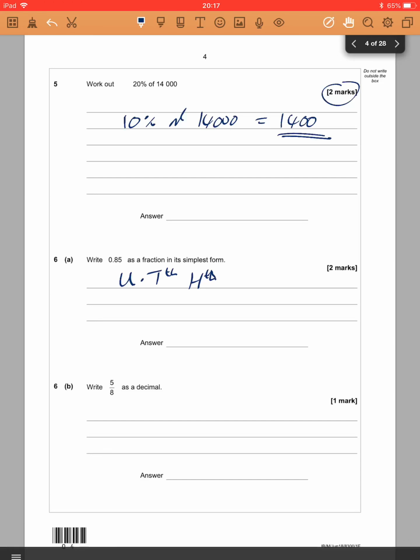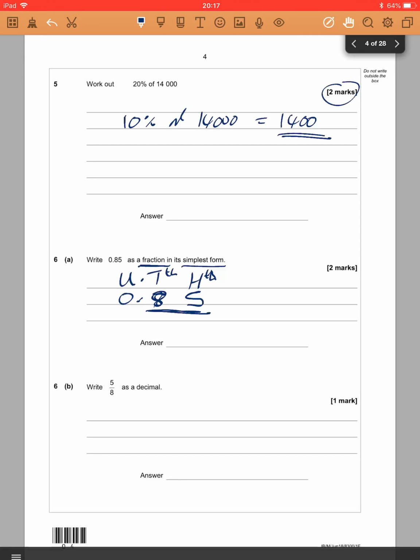So our number here, 0.85. We've got 5 hundredths. And if we look here, we've got 85 hundredths. So how do you write 85 hundredths as a fraction? Because we're asked for it as a fraction. And then you need to write it in its simplest form. So write 85 hundredths as a fraction first, and then simplify it.